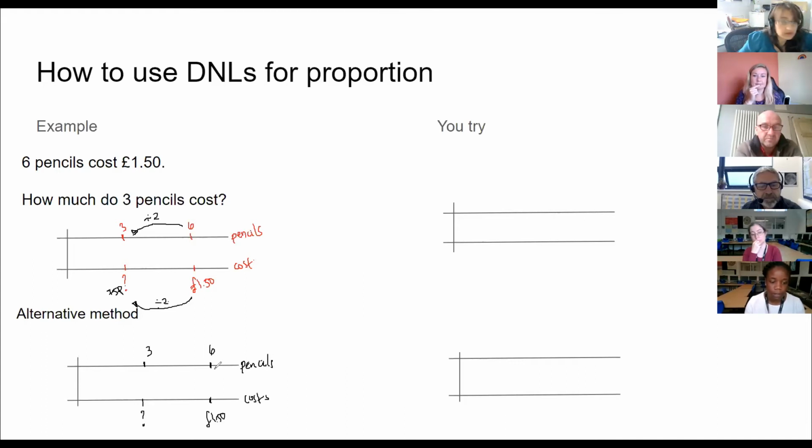Going from 6 to £1.50, we times by 0.25, and therefore do the same thing to 3. Again, this will be on a calculator paper, to get 75p as our final answer. So this helps students to understand where the numbers will possibly go, and also gives them options of different methods they can use.